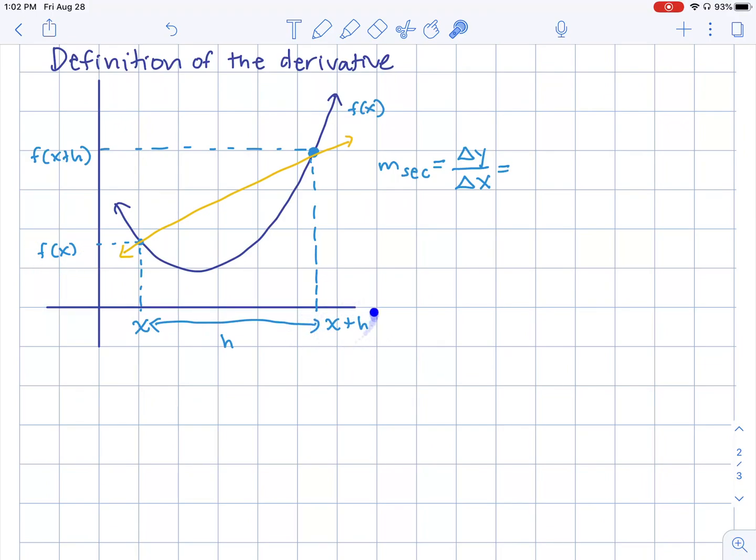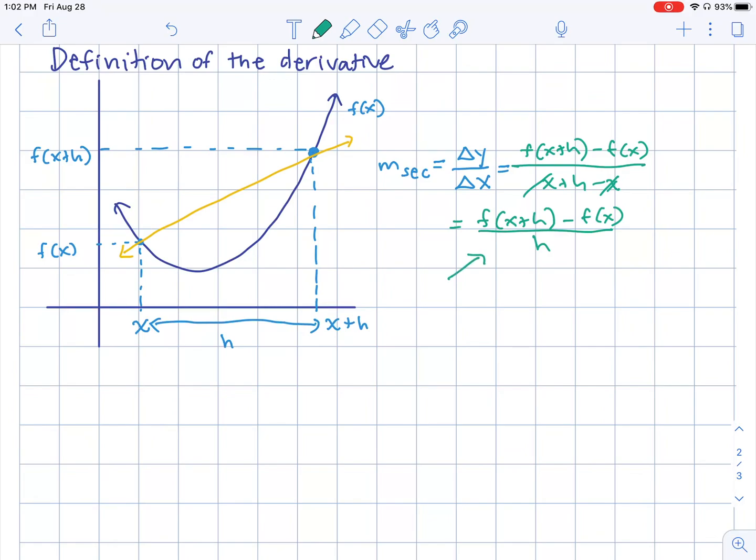The x values will be x plus h and x. Putting that together, we have on top f of x plus h minus f of x, the change in y, all over x plus h minus x. That expression can be simplified on the bottom, as the x's cancel and we have just h left over.